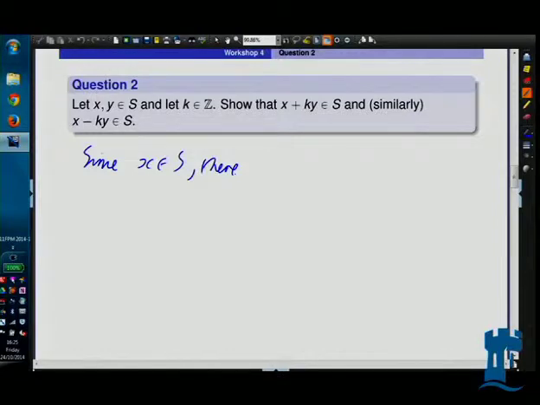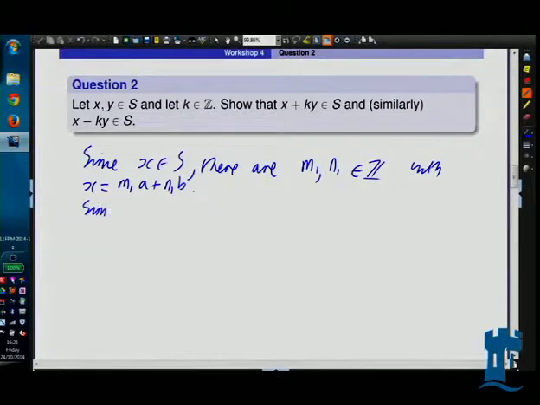Since x is in S, there are m1 and n1 integers with x equals m1a plus n1b.